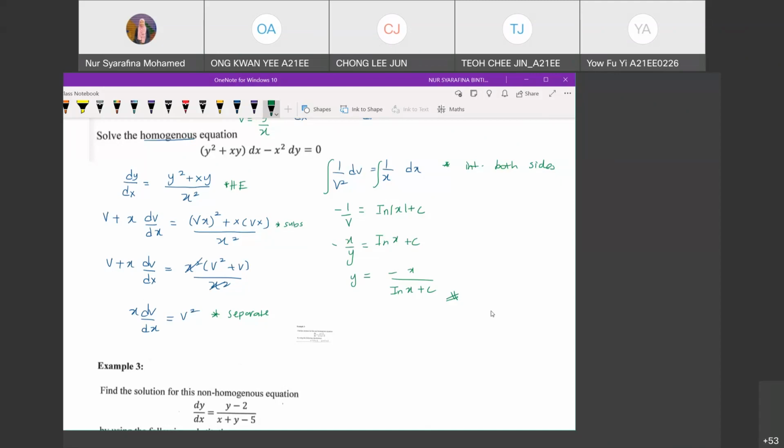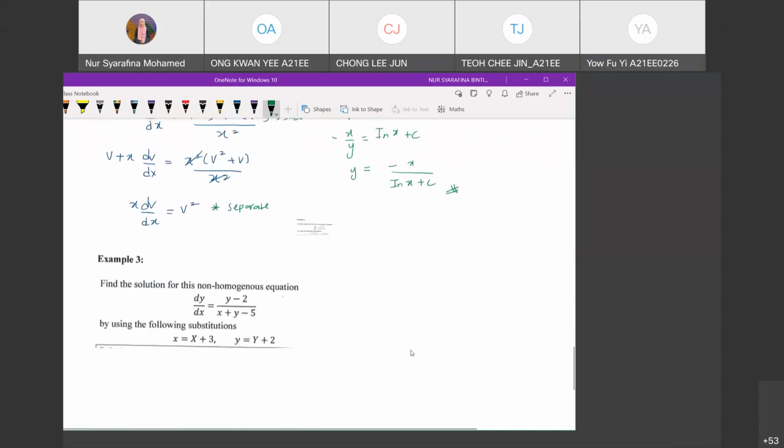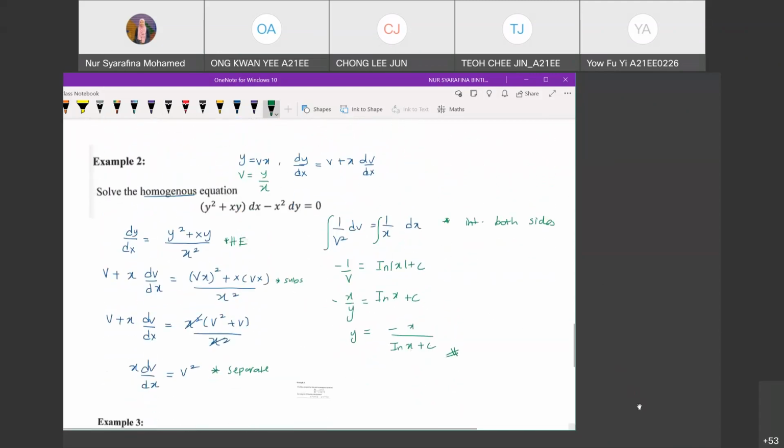Any more questions? So this is how you solve a homogeneous equation. Okay, we have to apply the substitution, and then substitute back to the original variable. Okay, so from the notes given, as you can see, non-homogeneous can also be reduced to homogeneous by using the right substitution.